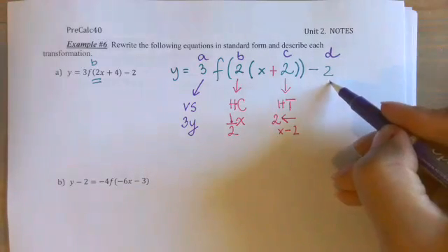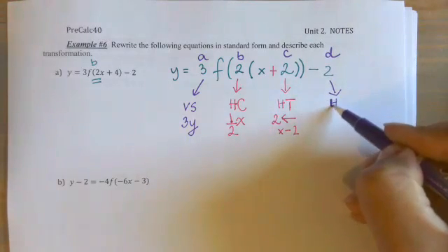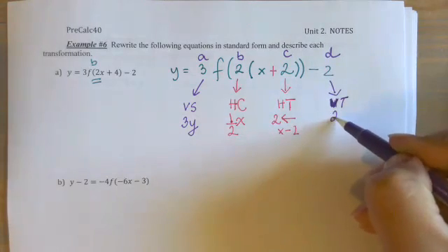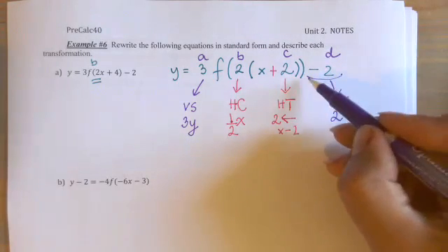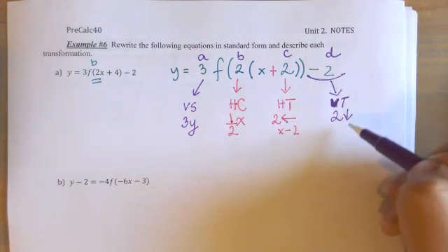And lastly, we have our D parameter that's going to talk about the vertical translation, 2 units, where? Minus 2, this follows exactly what you might think it would. 2 units down, y minus 2.